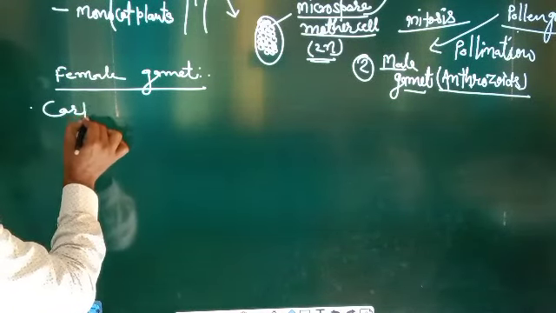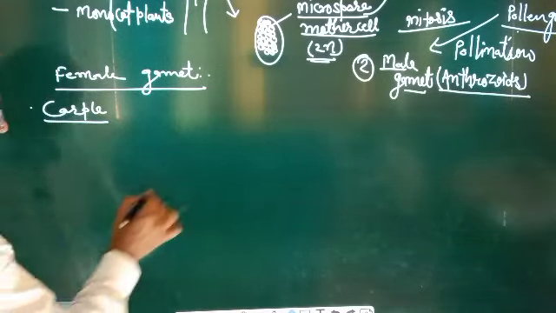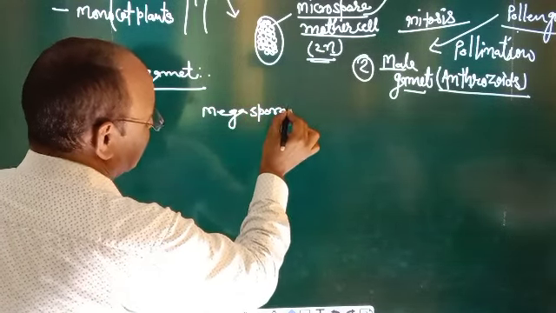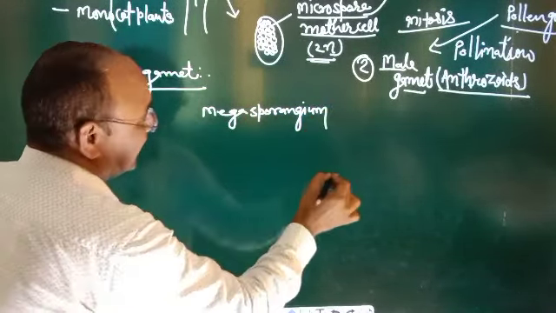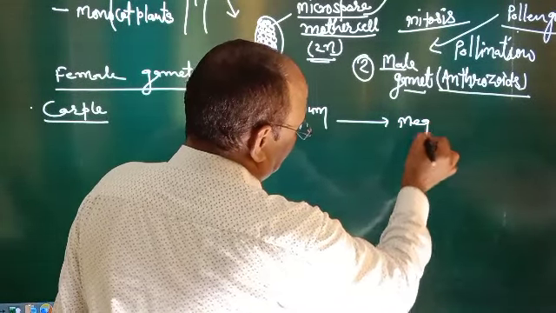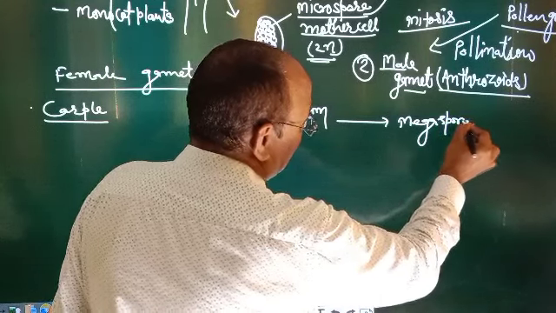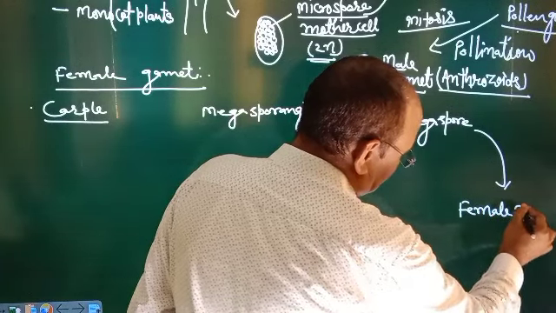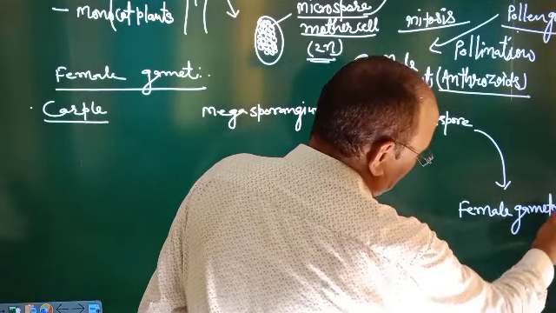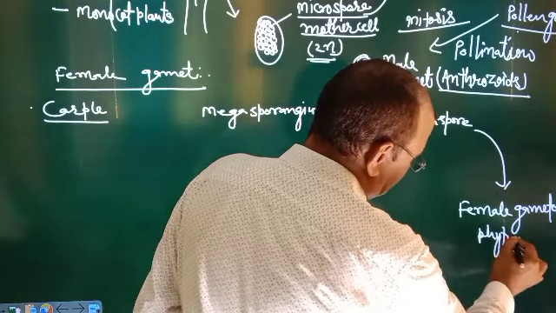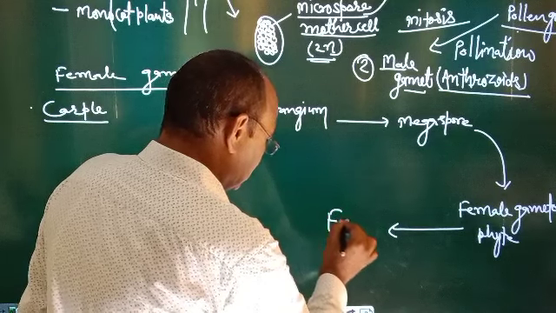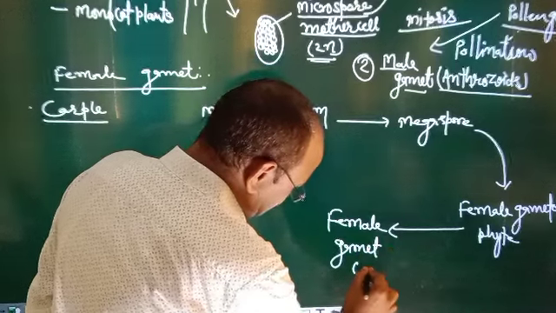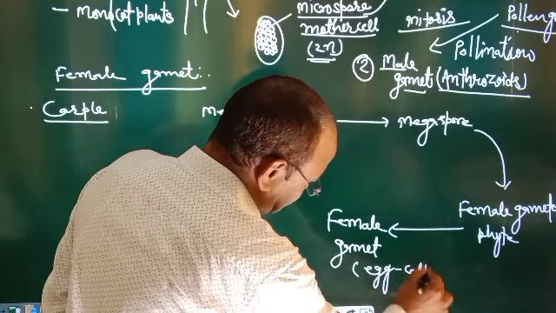One is carpel, second megasporangium, third megaspore, next female gametophyte, and last female gamete, which is called egg cell.